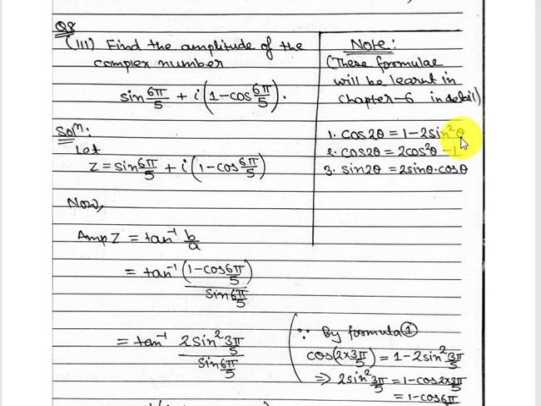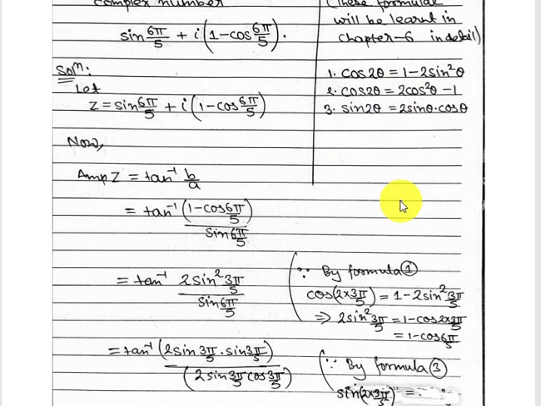If I take this minus 2 sine square theta on the left, and I take this cos 2 theta on the right, what will I get? I will get 2 sine square theta equal to 1 minus cos 2 theta.